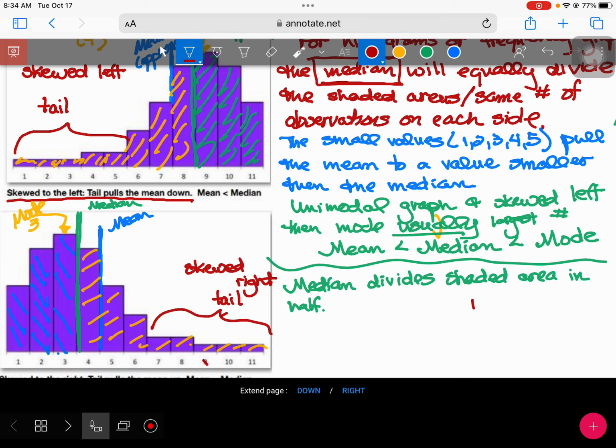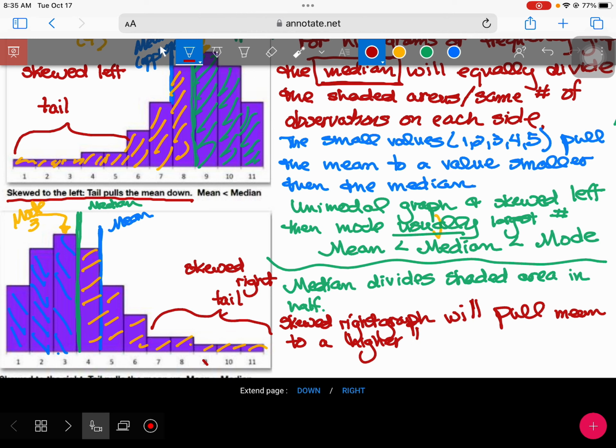Regarding the skewed to the right, let's see. A skewed right graph will pull the mean to a higher number than the median.